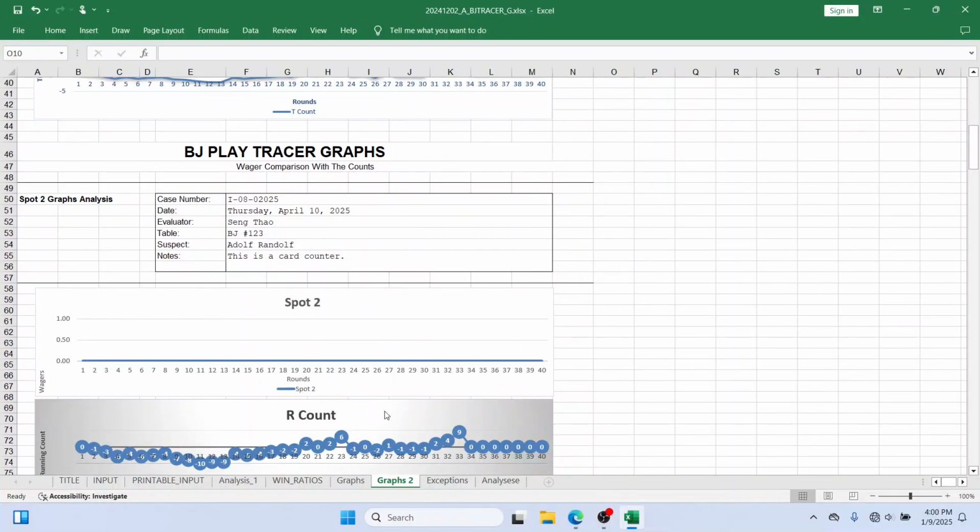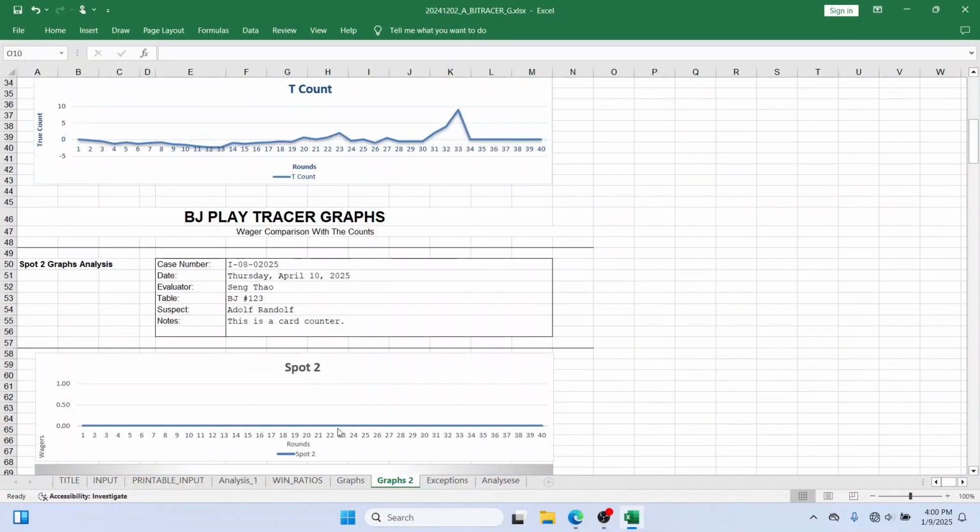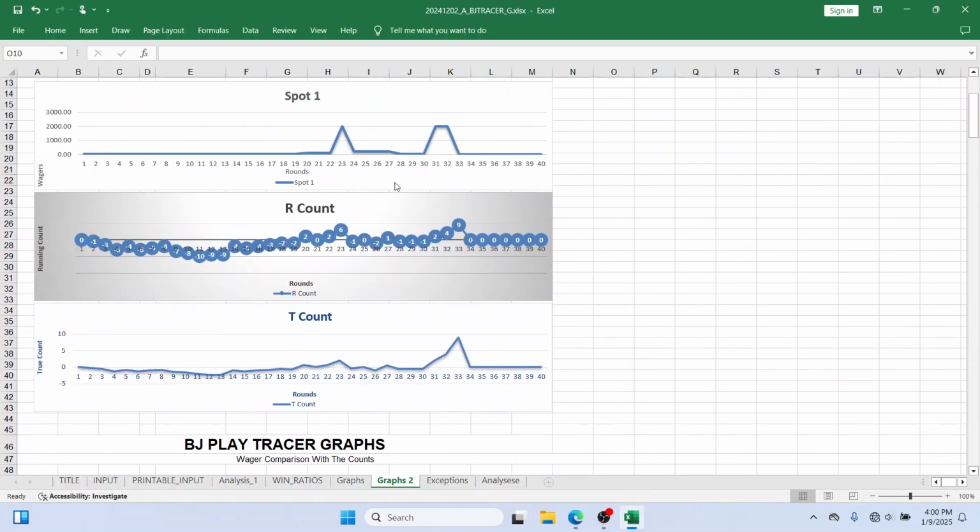Same thing with spot 2 here. They decreased it here and increased it here. They only match one point of this peak, and they didn't match the other. So when surveillance analyzes that, you see that they're not really following the count, but if you combine their wagers together as a team, their wagers combined increased.